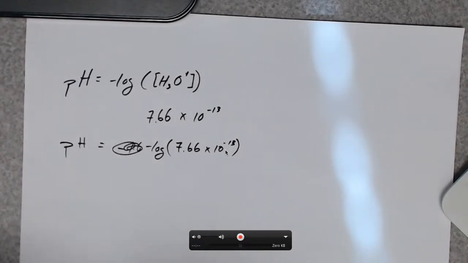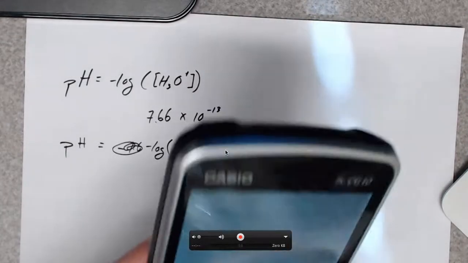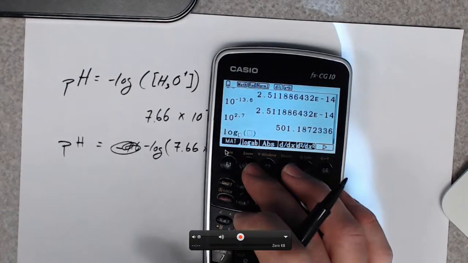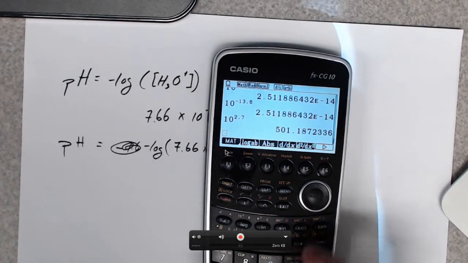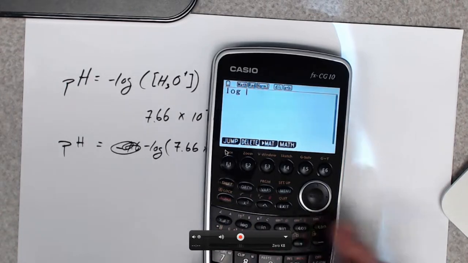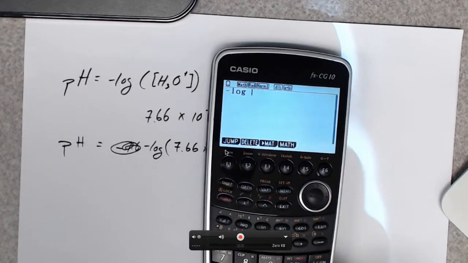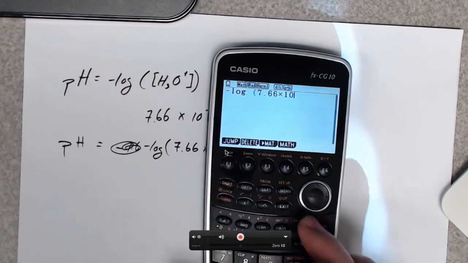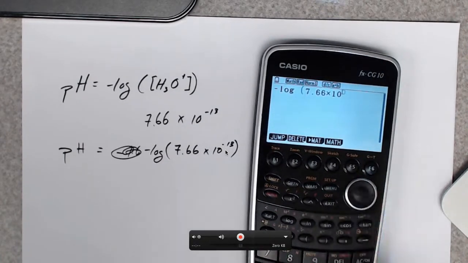And if I get my calculator out here, I'm going to take negative log of 7.66 times 10 to the negative 13.